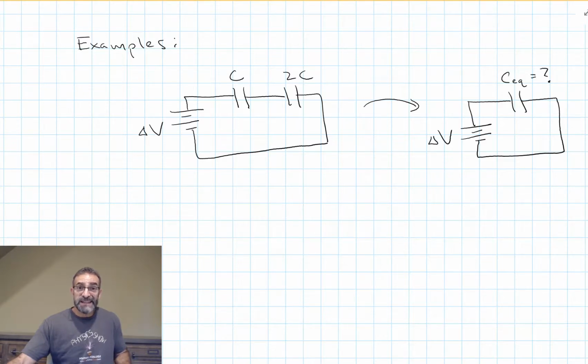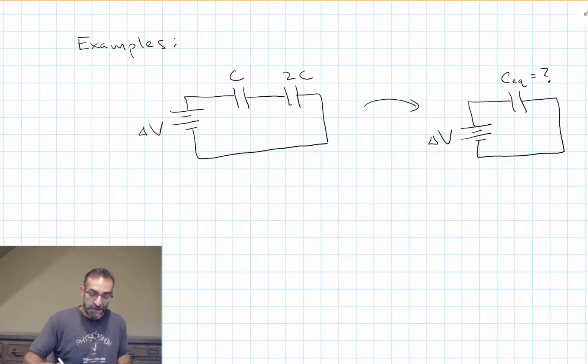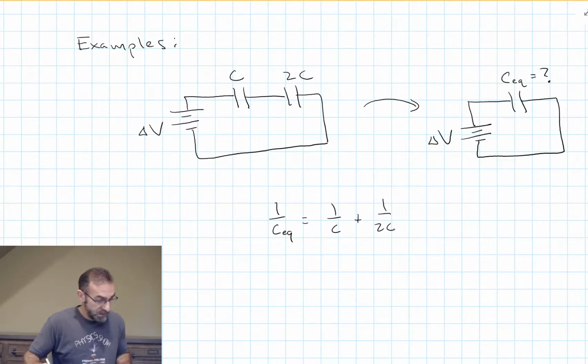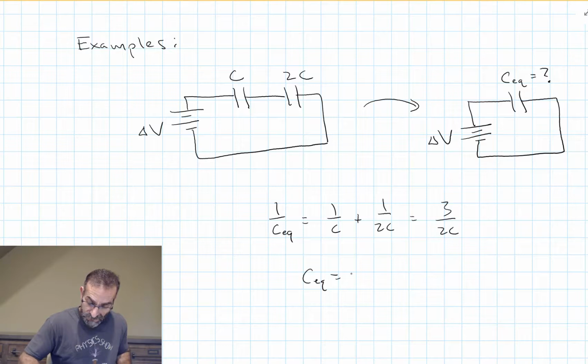That's the equivalent capacitance. Since we're dealing with a series circuit, we use our series formula. 1 over C equivalent is 1 over C plus 1 over 2C, and I end up with 2/3 C.